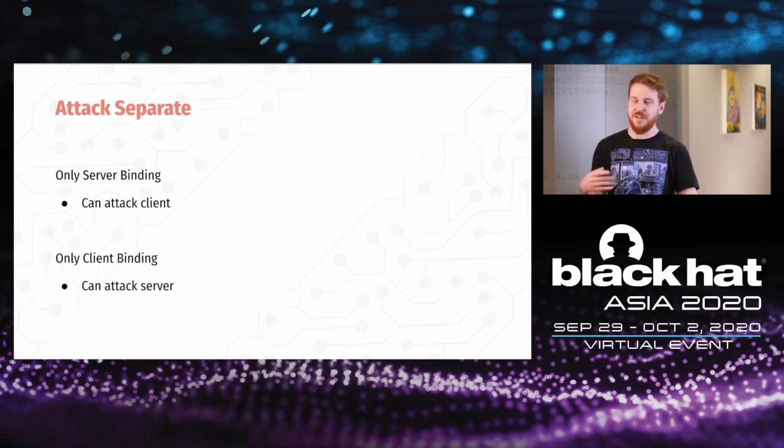So if only the server is crypto binding, you can attack the client. The client will still connect to you, because when they start connecting, you don't have to present crypto binding. But when you connect to the server, you say, okay, I will crypto bind, and you just relay the inner authentication as usual.